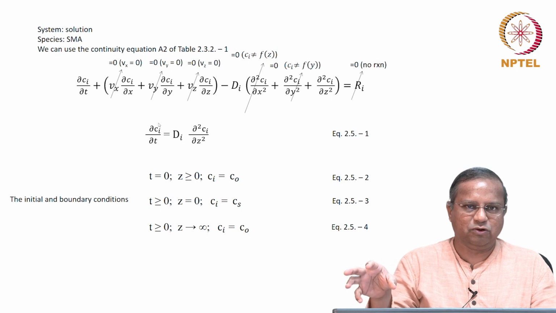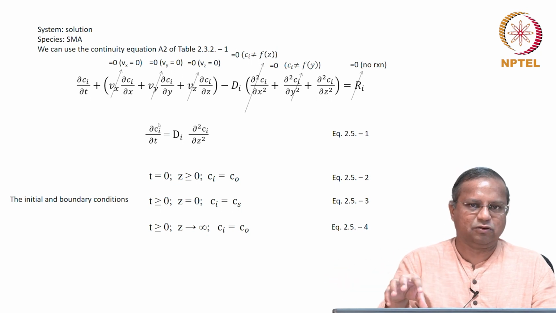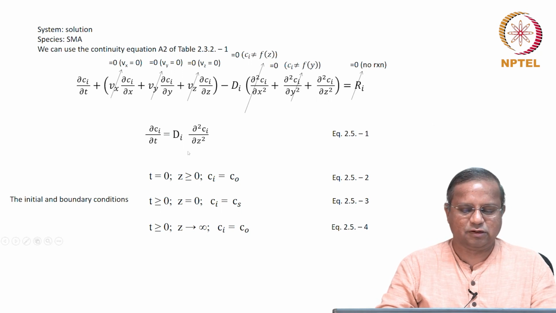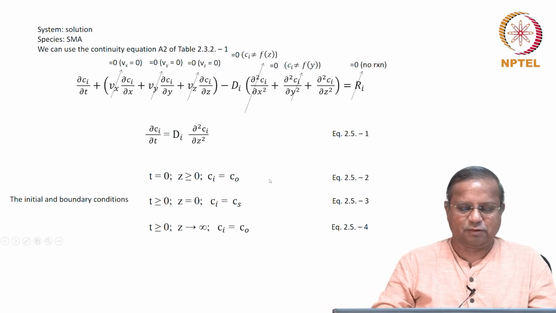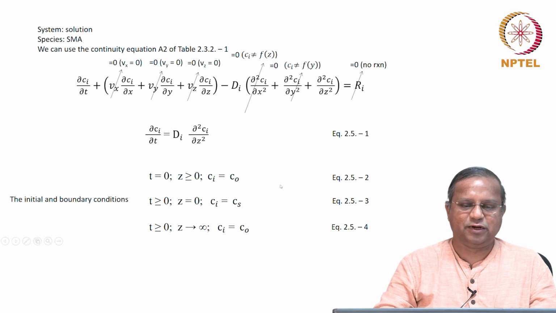Also, for numerical solution, you need another set of skills to be good at numerical solutions. We will not get into too much of numerical solutions in this course. So, anyway, the situation now is you have dou Ci dou t equals Di dou squared Ci by dou z squared. Just mentally prepare yourself for some concentrated time, the time that requires concentration.